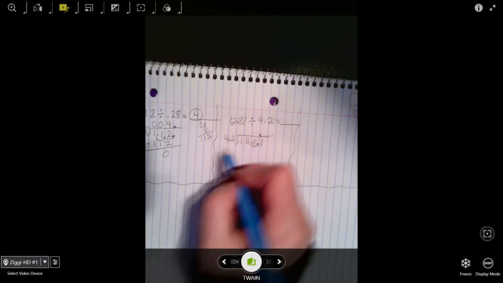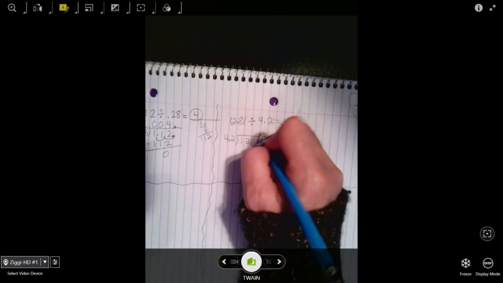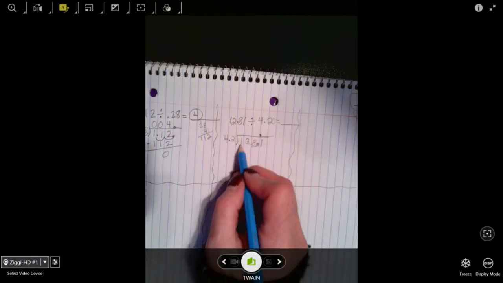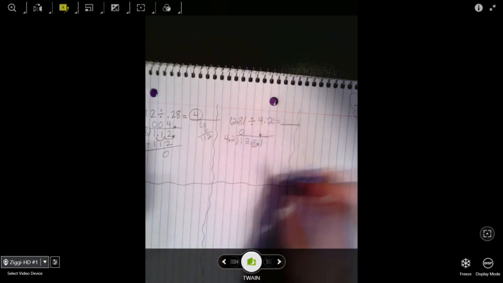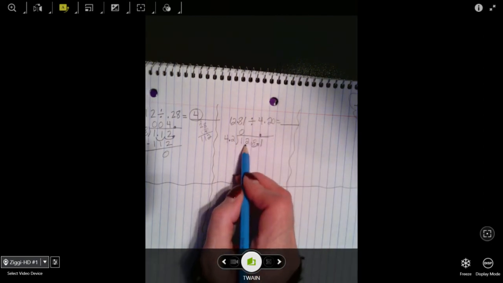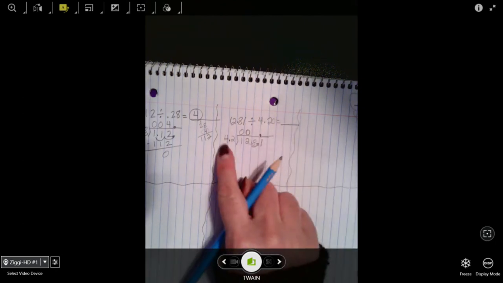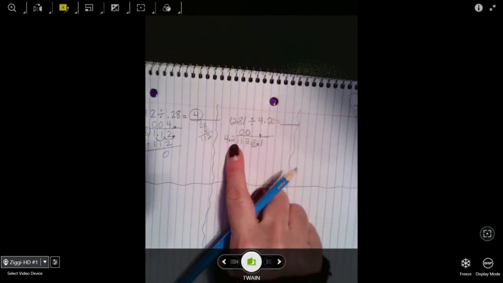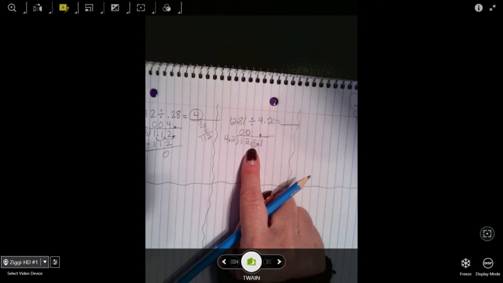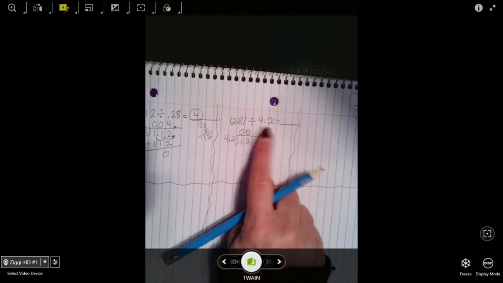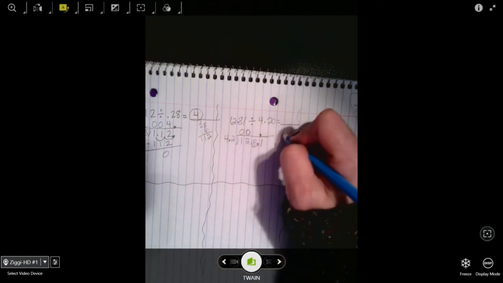Okay, so now I have to think of it as, how many 42s are in 1? There are 0. How many 42s go in 12? Can't do that one either. How many 42s go into 128? Remember, I thought I was going to guess about 3. So I'm going to go over here, 42 times 3.